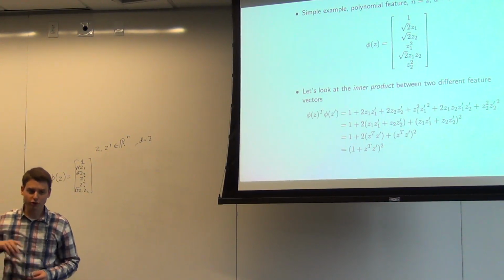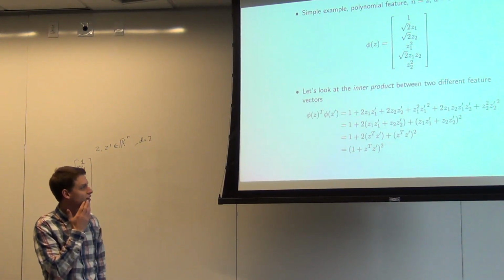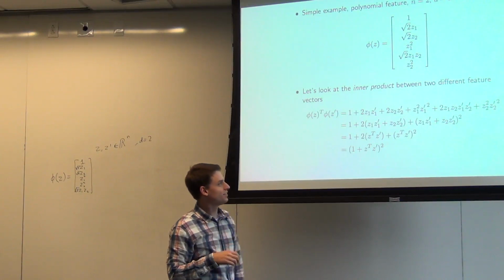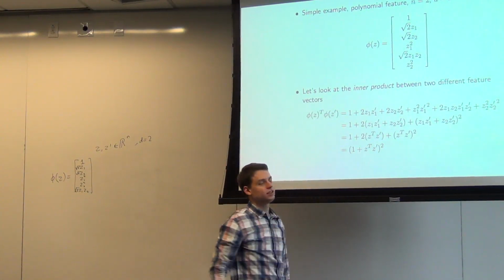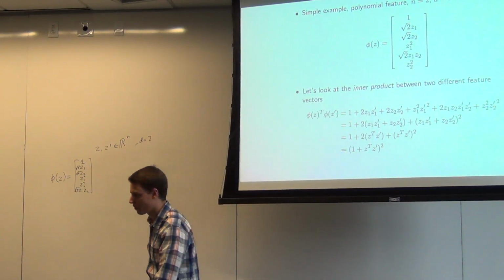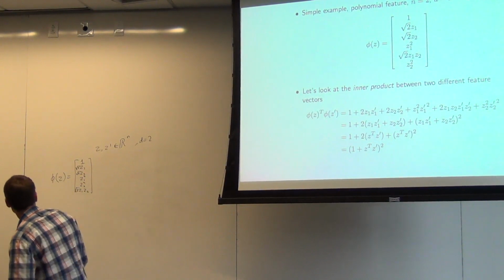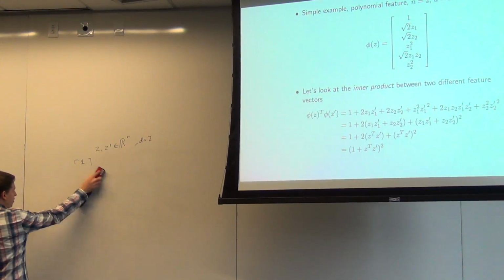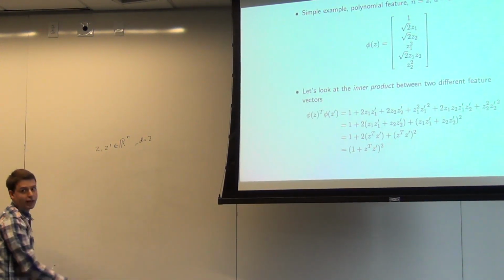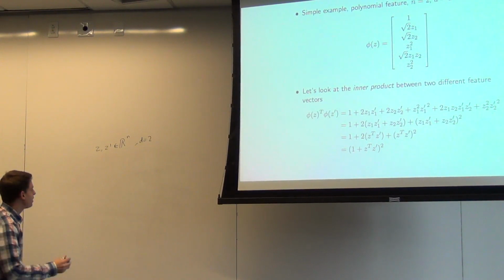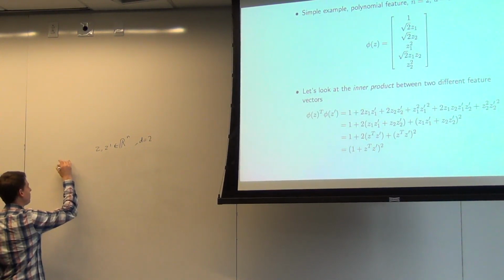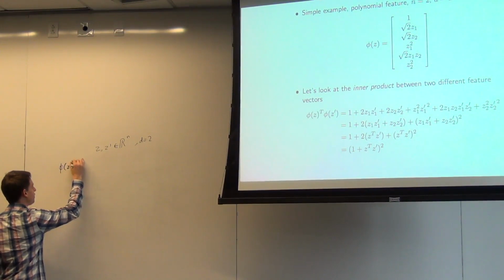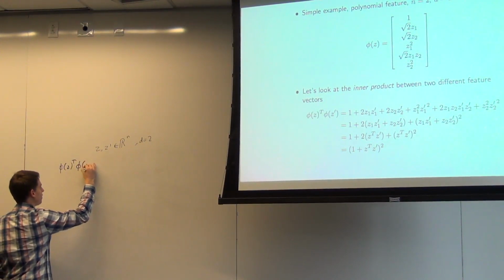So kernels are going to be really all about inner products. And so I'm going to start by computing this inner product here. So let's just do it out. I'm going to erase this, but this one is up there. I want plenty of room, so it's all captured by the video. So let's take the inner product of phi of z transpose phi of z prime.